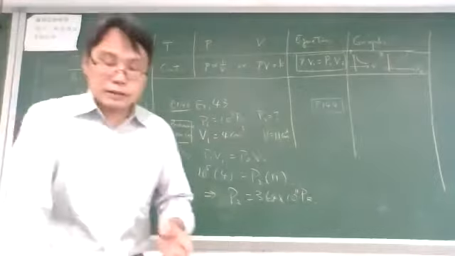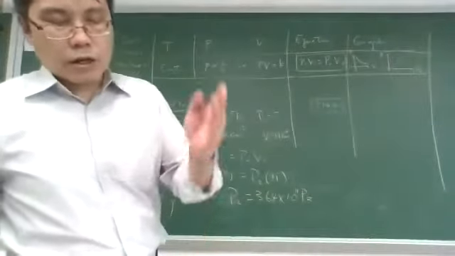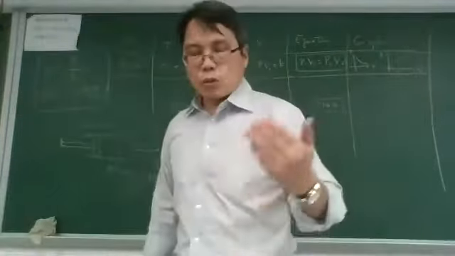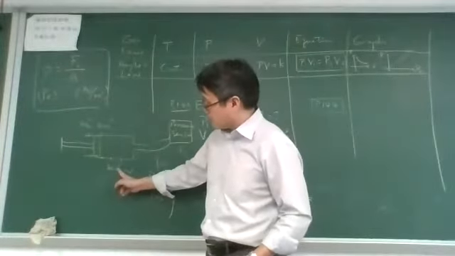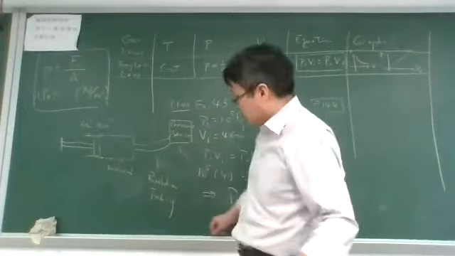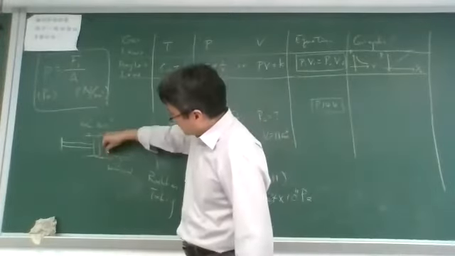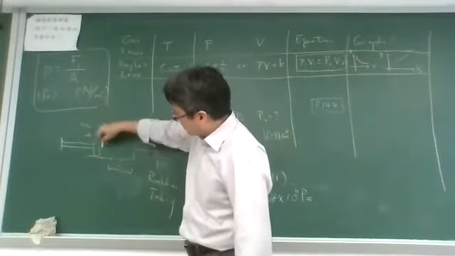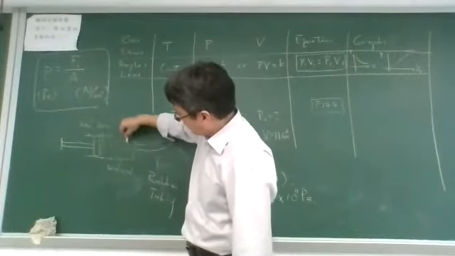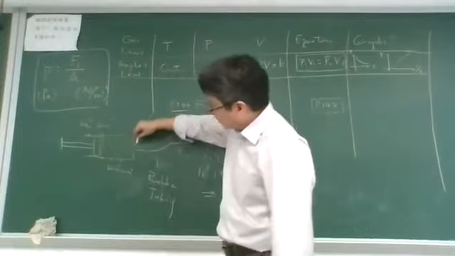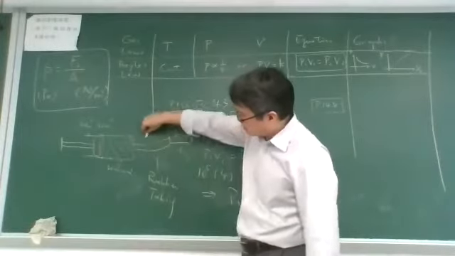The idea is that the volume shown at the body of the syringe, this one 10 centimeter, 20 centimeter, or 30 centimeter, is the volume of this part only, not including this part.